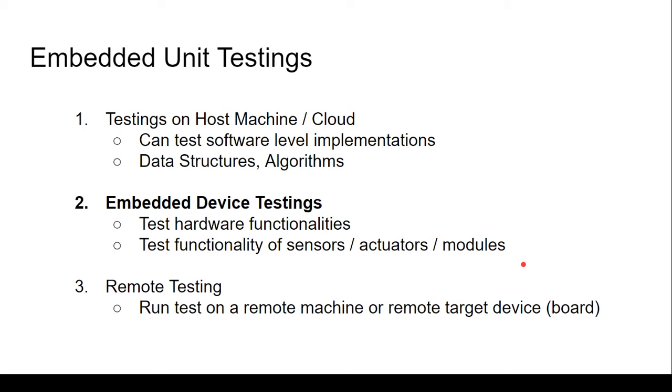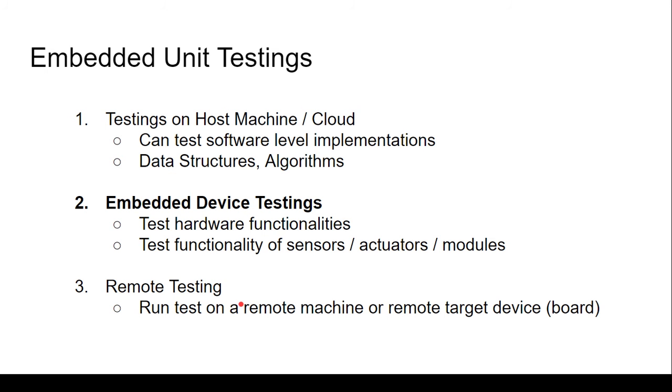Then you need to make some change on the hardware unit and check whether the response received from that hardware unit is the same as what you expected. So this is the second type of embedded unit testing.